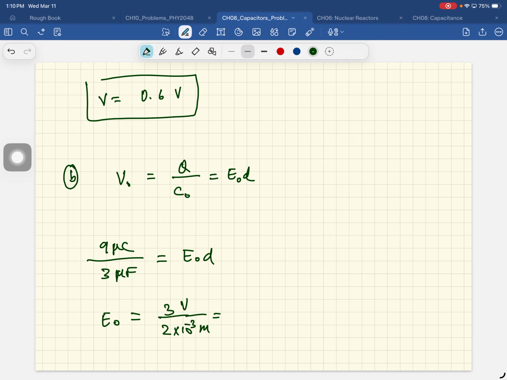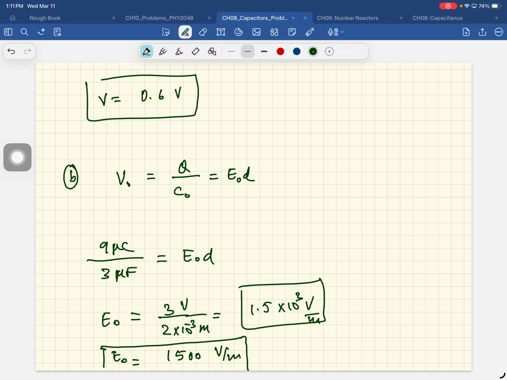That's 3 volts. So volt per meter. So it was 1500 volts per meter. So this was before the dielectric was inserted.